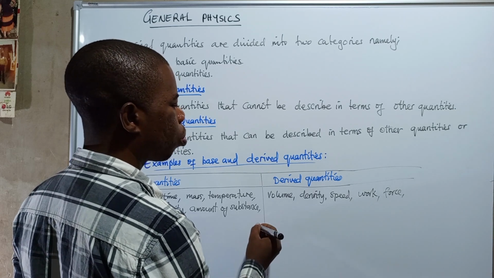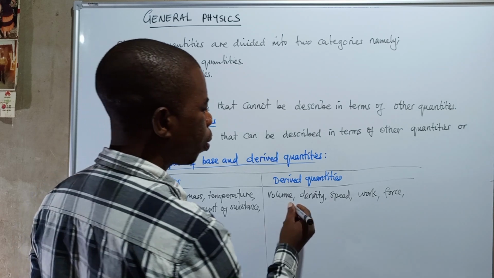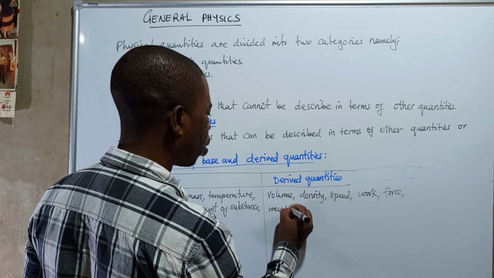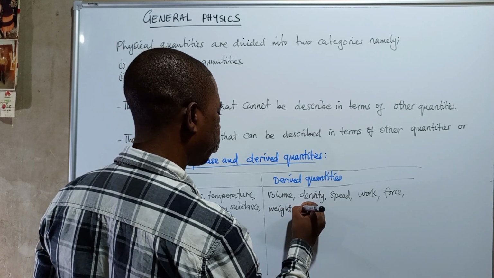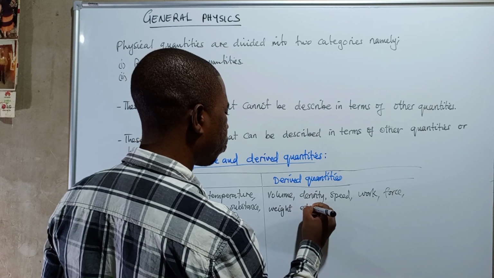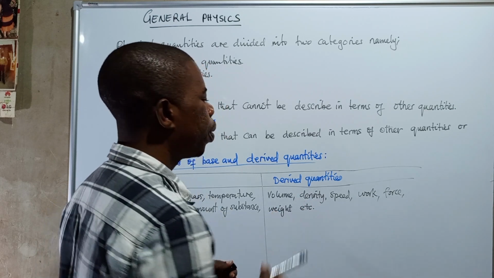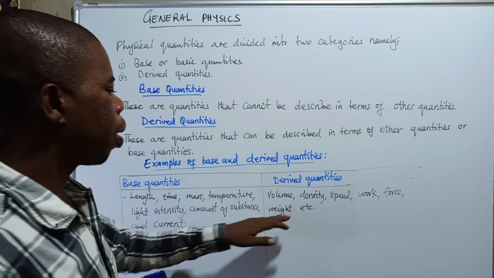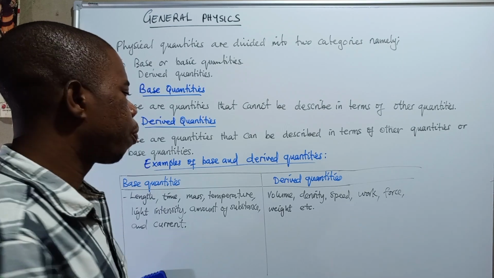We can also talk of weight, etc. So in terms of derived quantities, there are many. So these are a few examples of derived quantities.